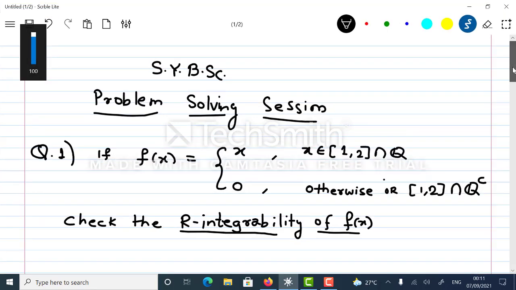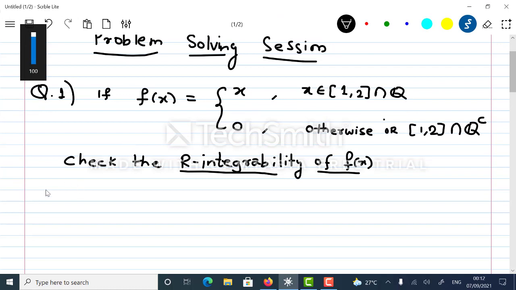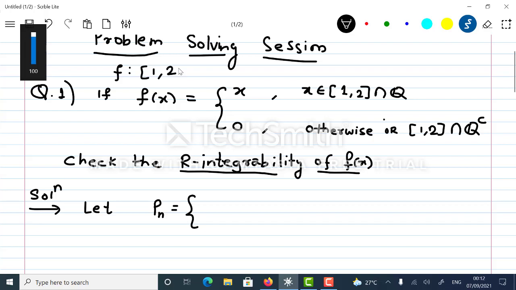To calculate UF and LF, I will take a partition. Let Pn be a partition of the closed interval 1 comma 2. It is clear that f is a function from the closed interval 1 comma 2 to R. When I say Pn, that means I am dividing the interval into n equal parts.